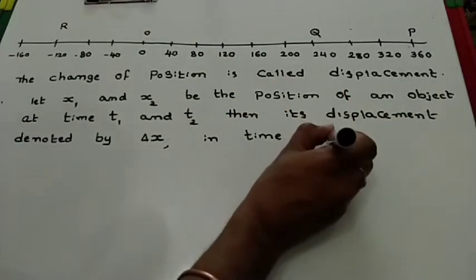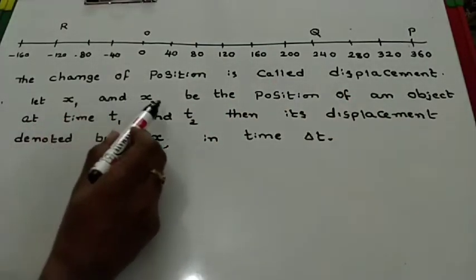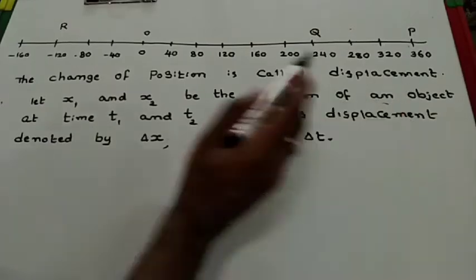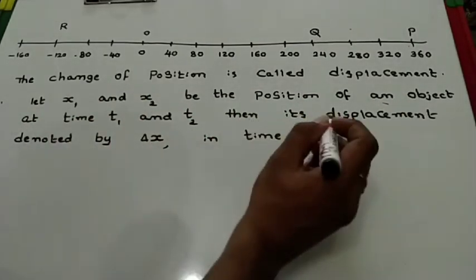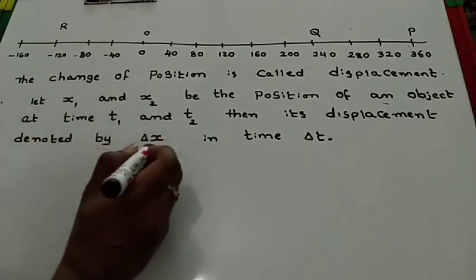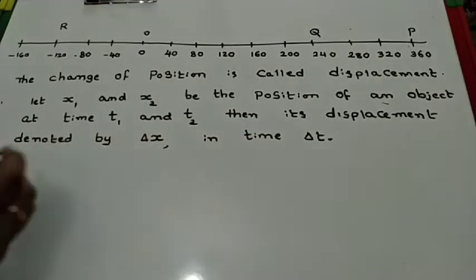Once again, let x1 and x2 be the positions of an object at times t1 and t2. Then its displacement is denoted by delta x in time delta t.